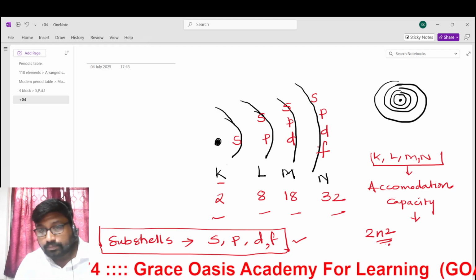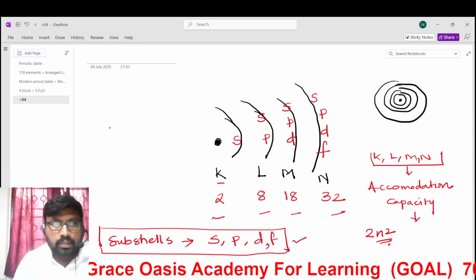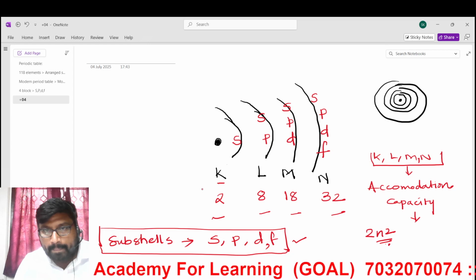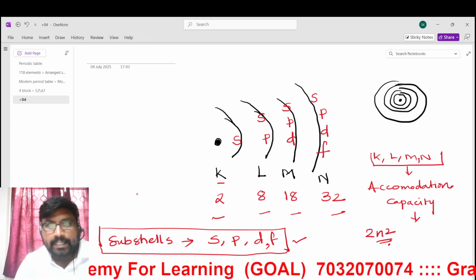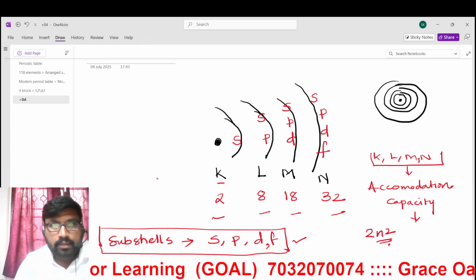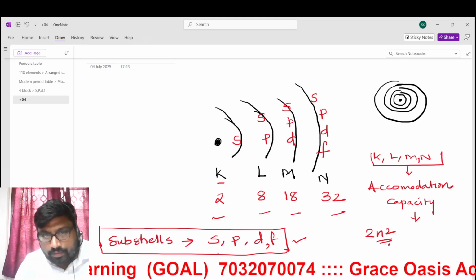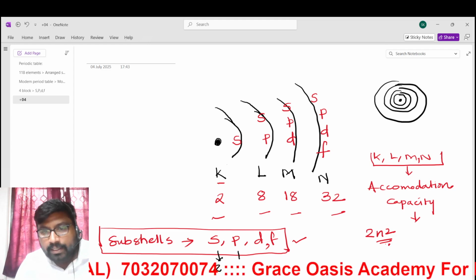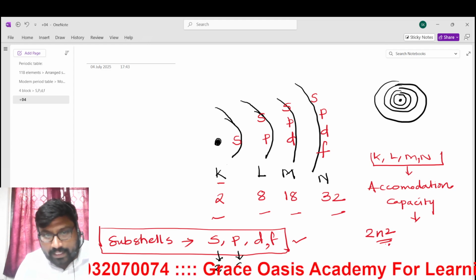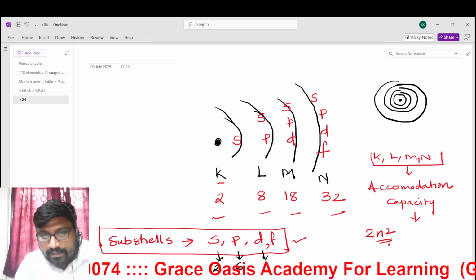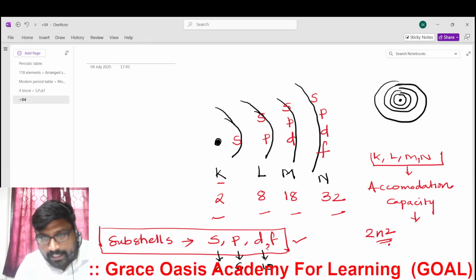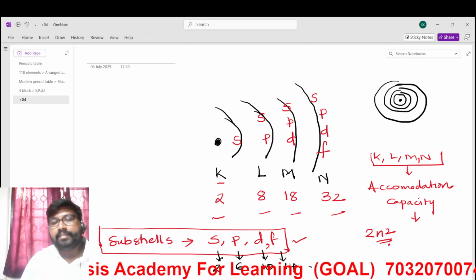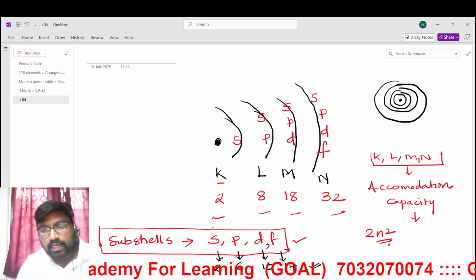Understood? We can identify them with the help of the number of electrons in the valence shell: 2 in S, 6 in P, 10 in D, and 14 in F, then we can easily identify. As we go further, you will understand it.